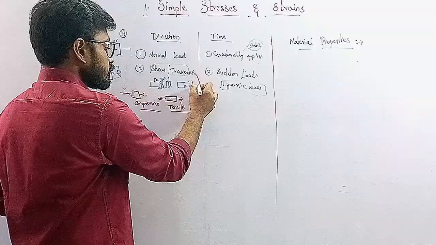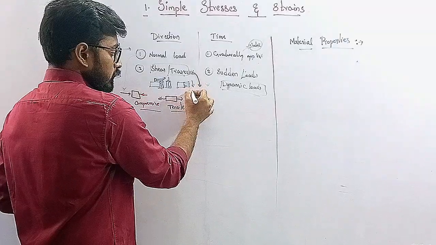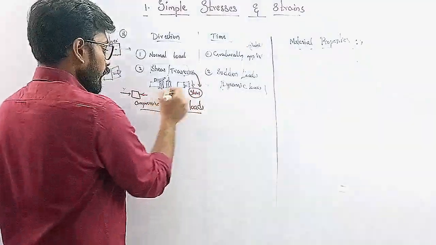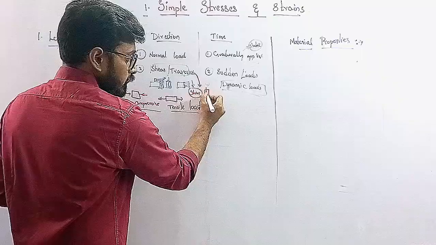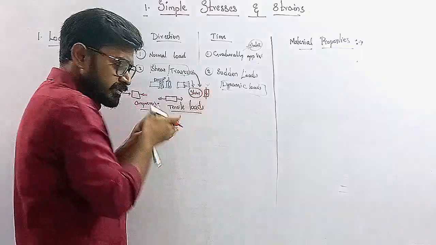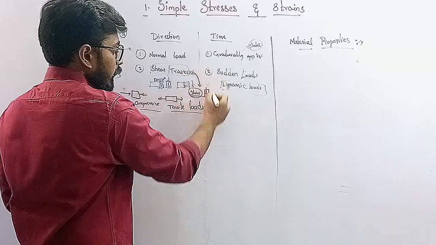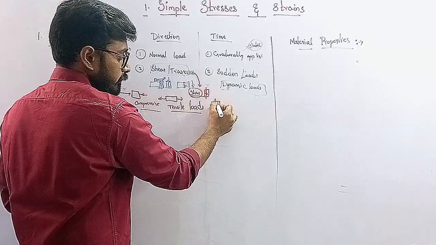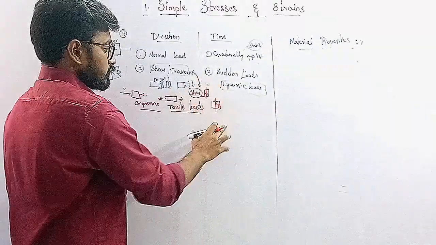Shear is also divided into two types. If they act along the axis, they are called axial shear loads. If they act at some distance from the axis, they are called eccentric shear loads.